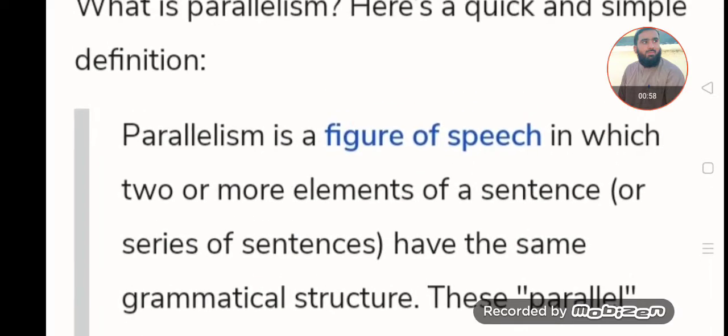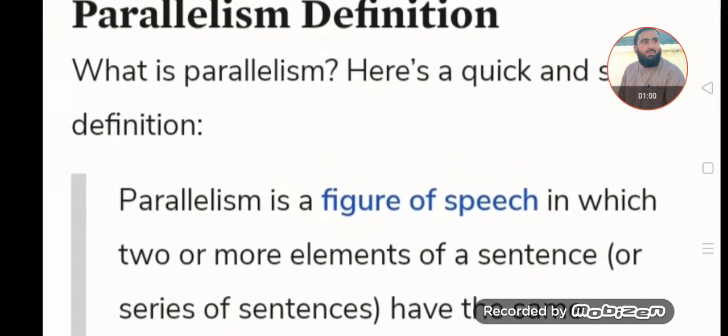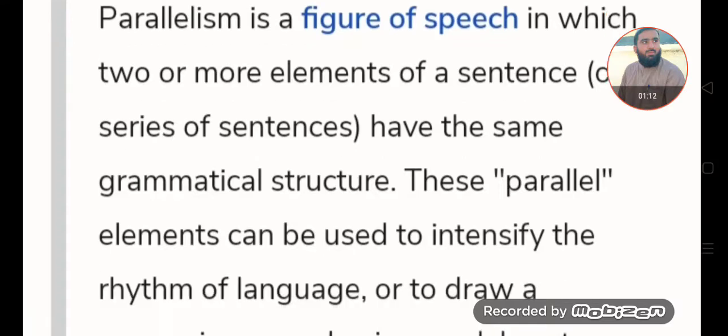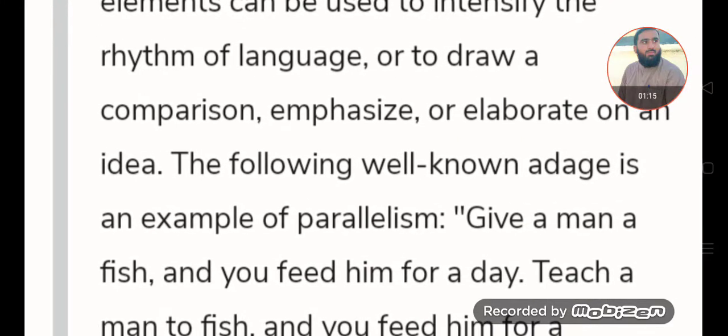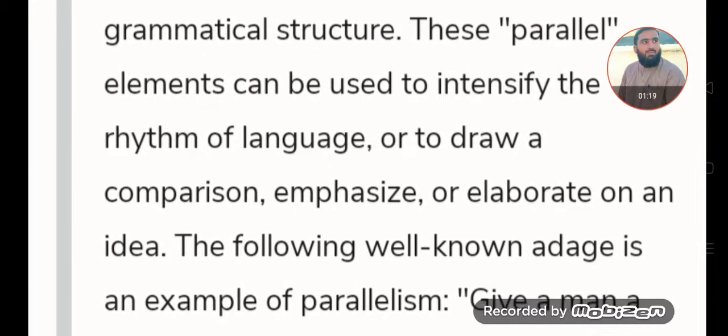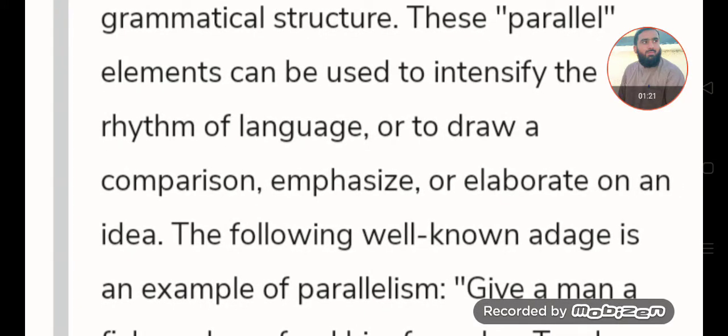Dear students, parallelism basically means parallel structure or parallel construction in a sentence or in a literary text. So when we are using parallel structures, the effects are to intensify the rhythm of language, to draw comparison, or to emphasize, stress or elaborate an idea.